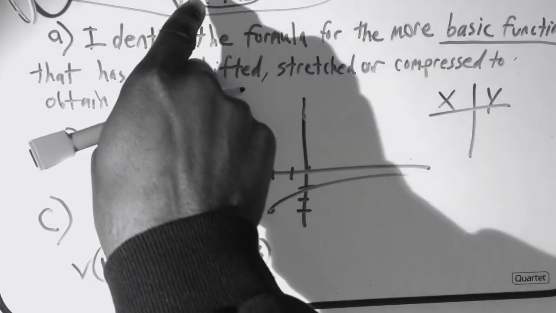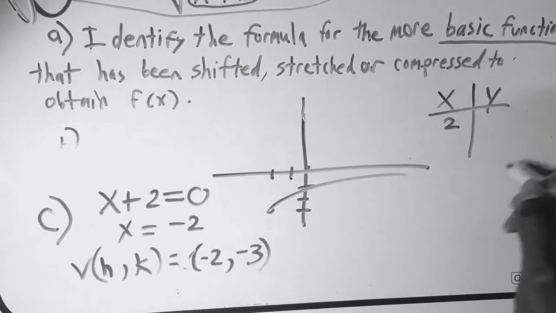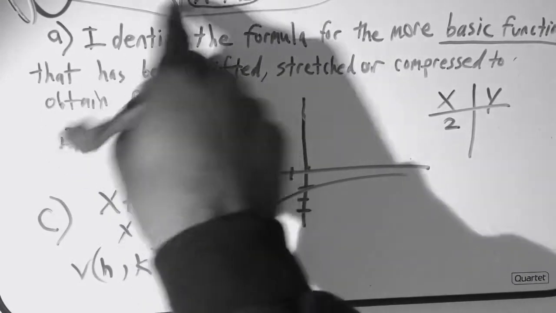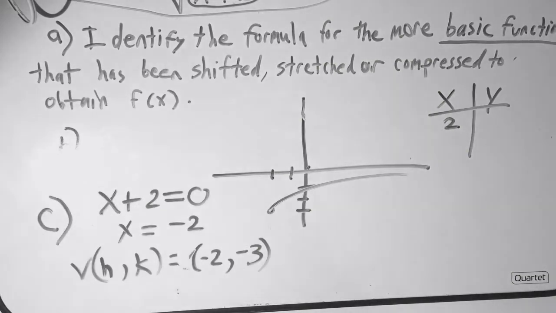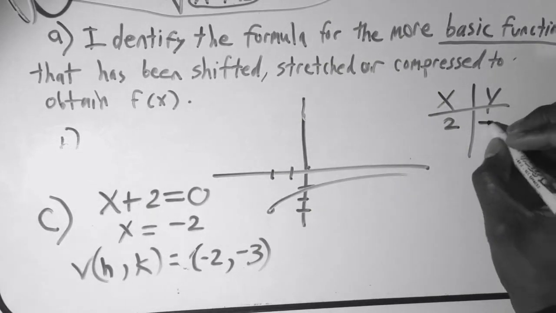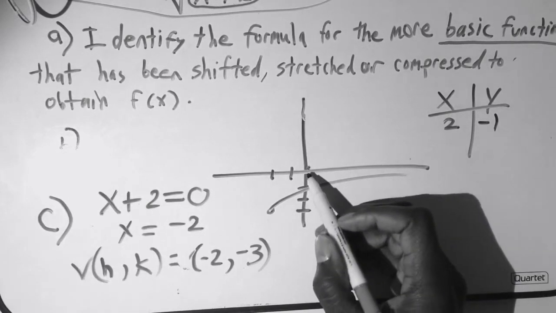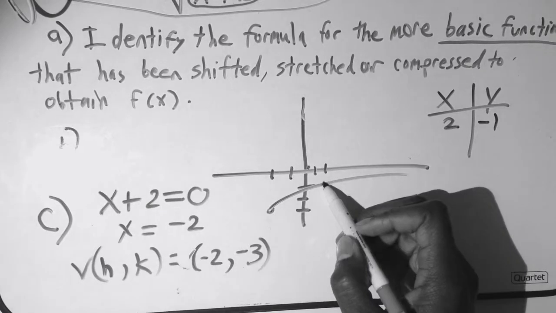I think the best way to go is to make x 2, right? When x is 2, we do the math. x plus 2, 2 plus 2 is 4. The square root of 4 is 2. 2 minus 3 is going to be negative 1. Okay, so we have a point there, right? So when x is equal to 2, y is equal to negative 1, right here.